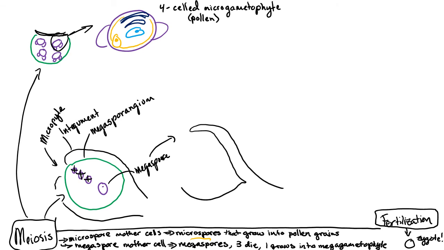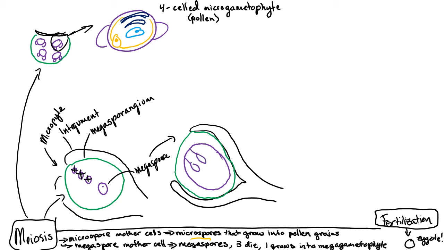So we have our integument with a huge micropyle now. The megasporangium is still here, and then our megagametophyte grows by mitosis within that megasporangium and develops 2 archegonia.